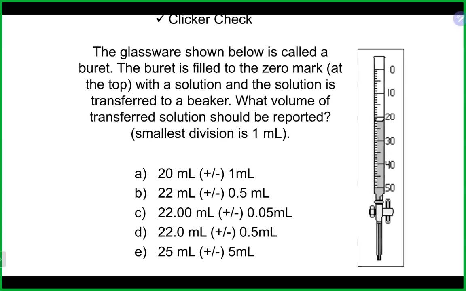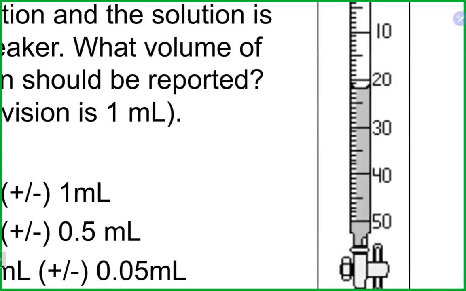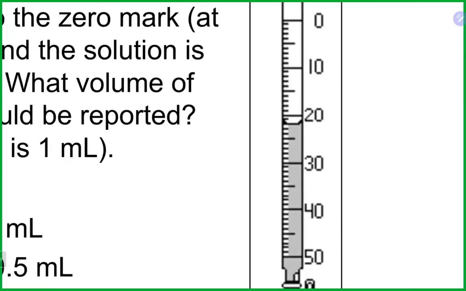All right. So why don't you try this one, another burette here, and see what it would be. Going to look again, normal sort of procedure. Large markings is 10 milliliter difference. If we count it, that is 1, right there's 2, 3, 4, 5, 6, 7, 8, 9, and 10.